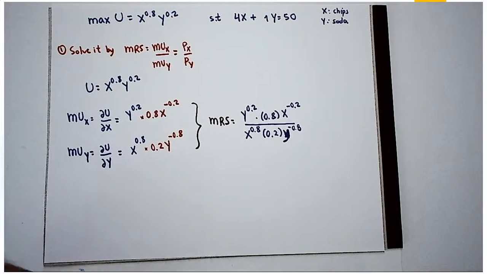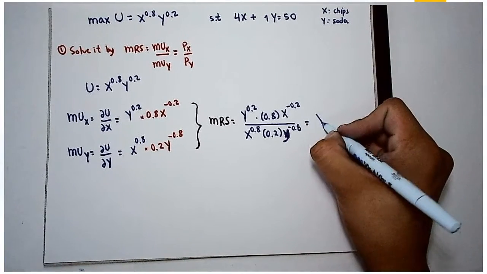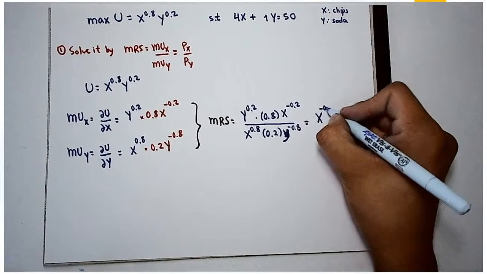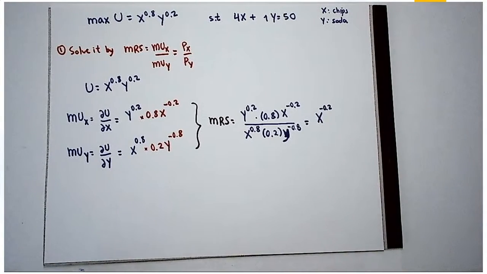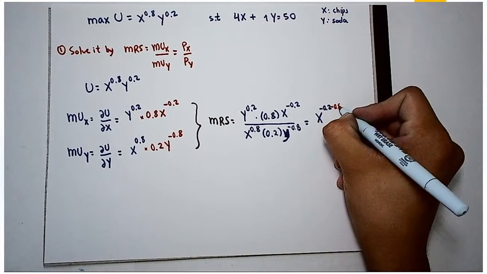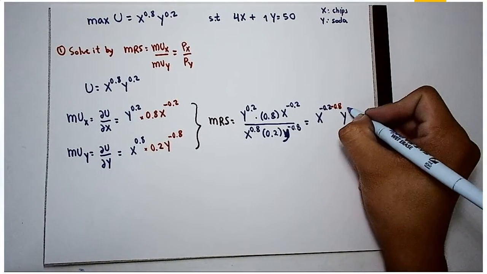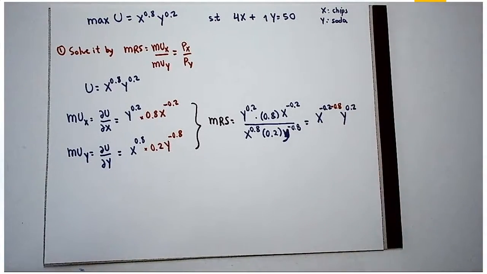So here we can simplify a little bit. Notice that for the case of x, we have the exponent of minus 0.2, and in the denominator we have 0.8. If we move it to the numerator, it goes to the opposite sign. Then y is elevated to the 0.2.